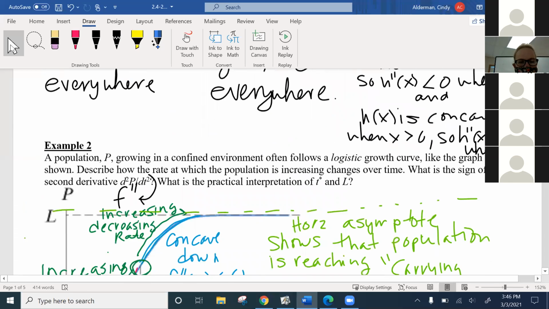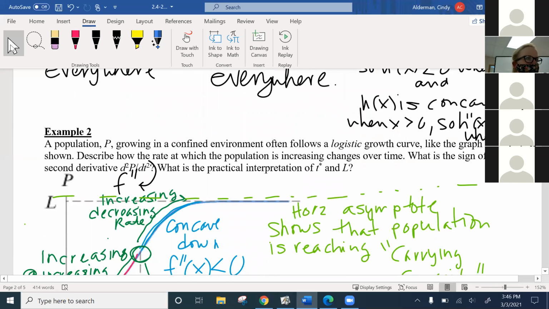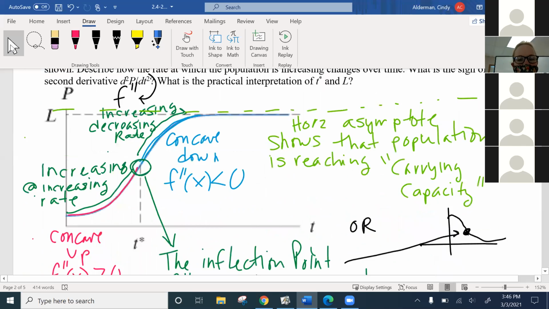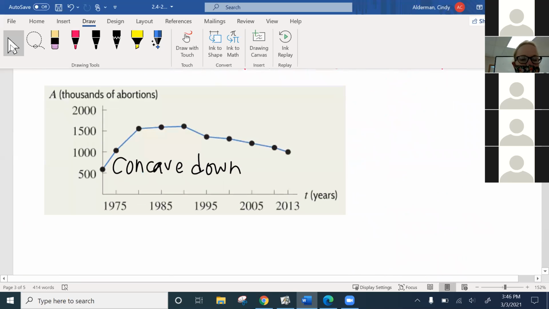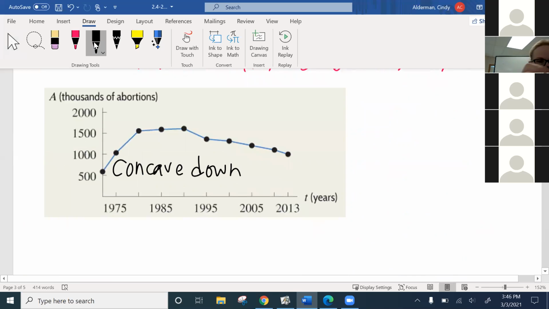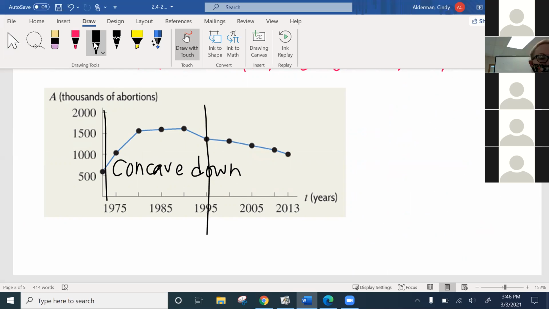So use the graphs and the rules interchangeably and get used to it because it's not going away. This description is important. So in that interval, from 1975 to 1995, it is concave down, and the second derivative would be below the x-axis. Now remember, this is not the second derivative.